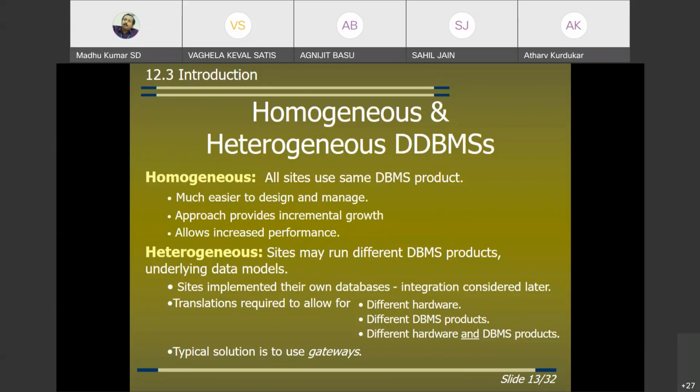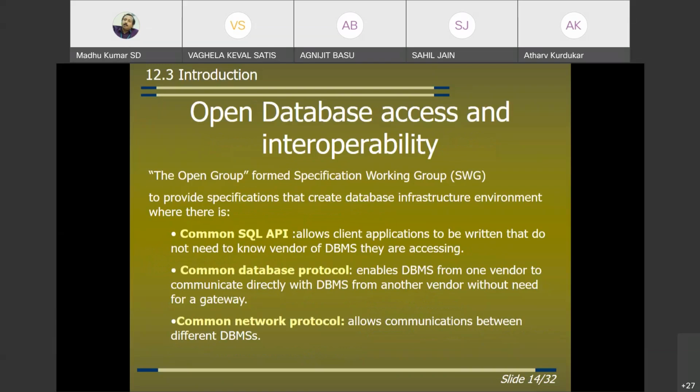Translations are required to allow for different hardware and DBMS products, and a typical solution is the use of gateways. You can use gateway software to deal with the heterogeneity that may come in a distributed environment.